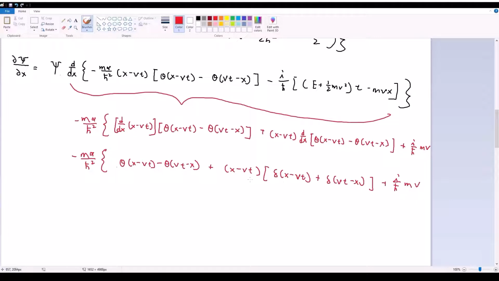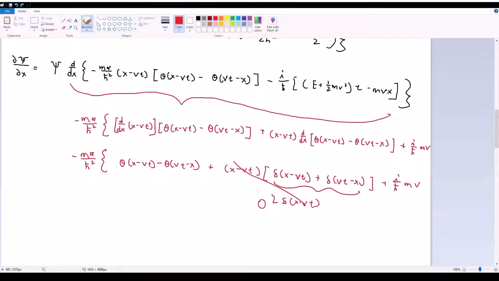Once again, by the same logic as before, these two terms can combine to become 2 Dirac delta (x − vt). And once again here, everything cancels out to 0 because if x equals vt, then this expression equals 0 and it cancels out. And if x doesn't equal vt, then this expression equals 0 and it cancels everything out.